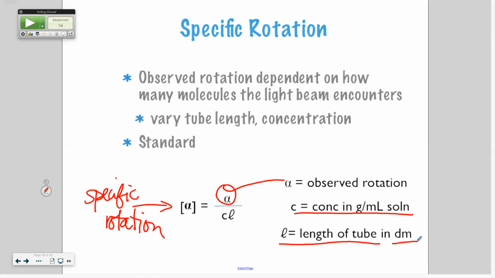Also kind of weird. But I think most of them are 1 decimeter, and that's why they went with it, because they could divide everything by 1. But you can have different lengths of tubes, which will change what your observed rotation is.